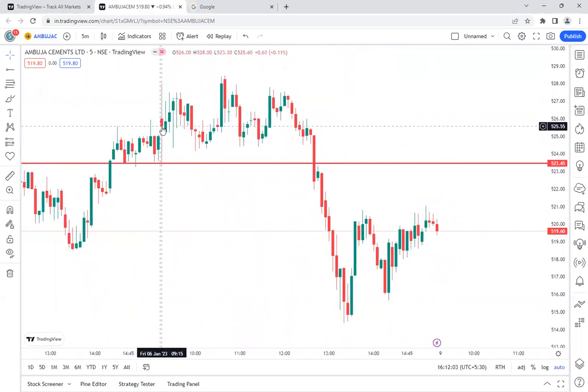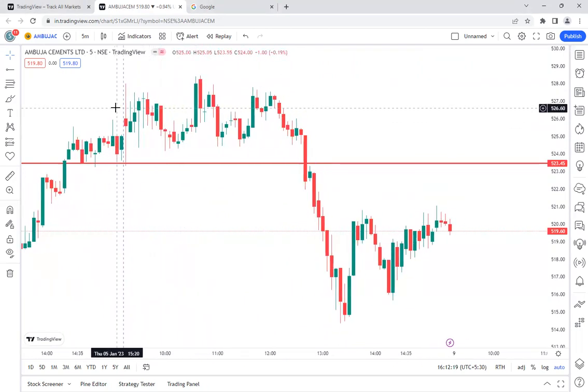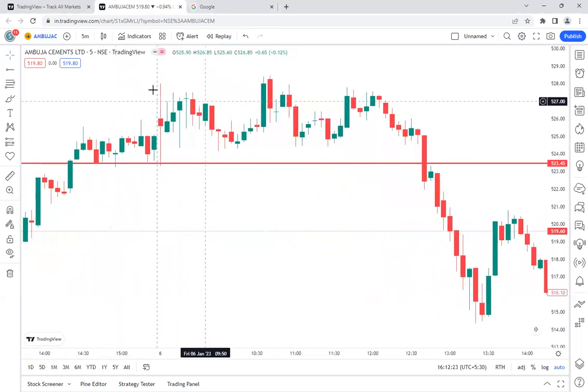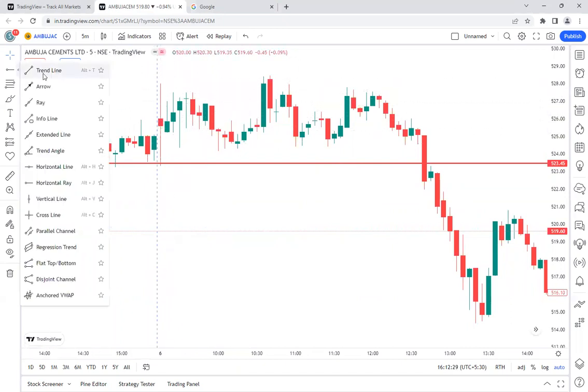Initially, what happened in the first 5-minute candle? It fell down, went up, fell down, and then it was trying to come down, but the buyers are not allowing it. Let me zoom in more so that you can clearly see each candle's price action.